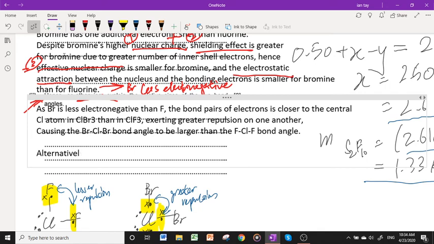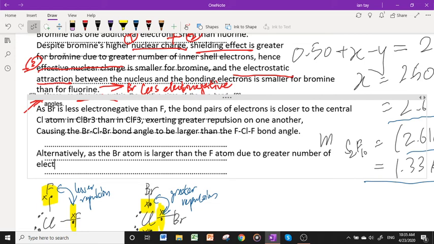Alternatively, as the Br atom is larger than the F atom due to greater number of electronic shells, the BrCl-Br bond angle is larger than the FCl-F bond angle.